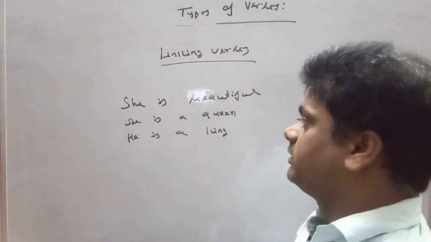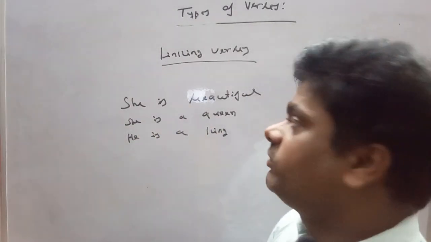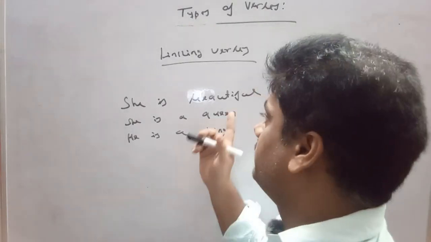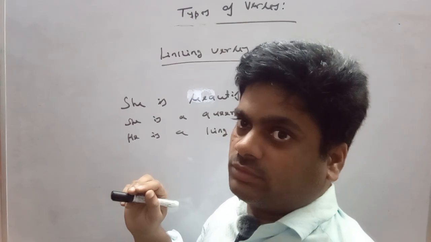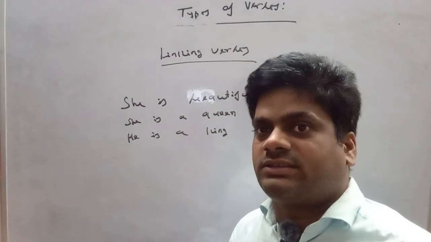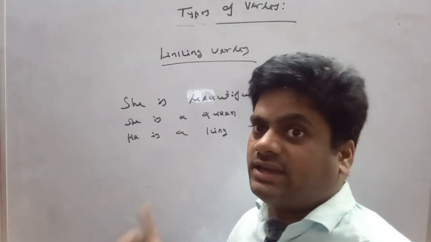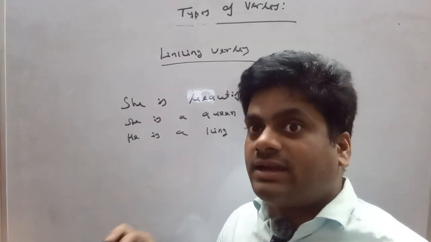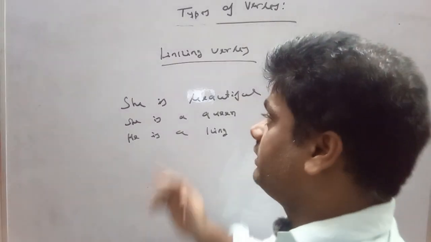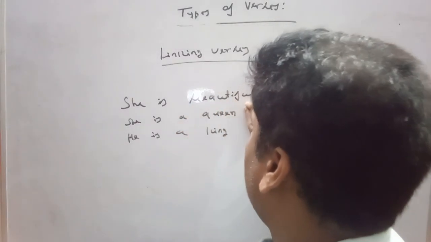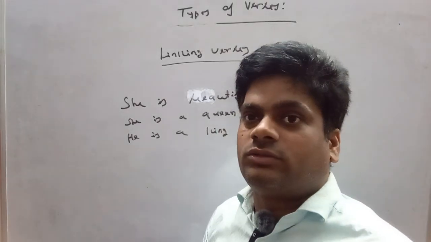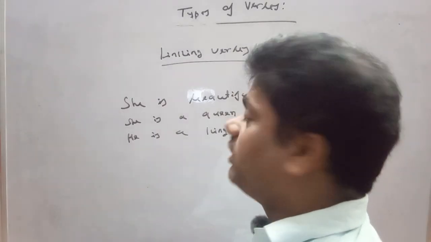He is a king. As we already know, we cannot place an article with adjectives in any type of sentence, until the adjective is supposed to take a noun or a pronoun.